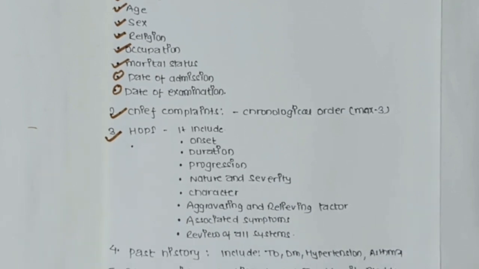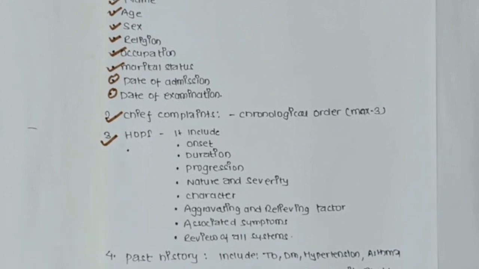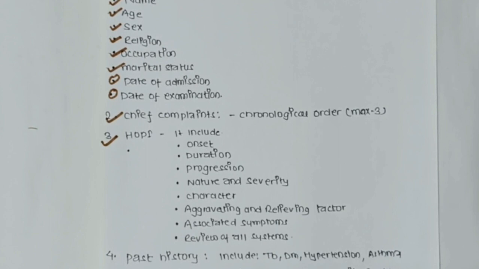Now the fourth one is past history. We have to ask the patient about past history, like whether you have TB or not, diabetes mellitus or not, hypertension or not, asthma or not. So we can correlate that from the past history. Now personal history.